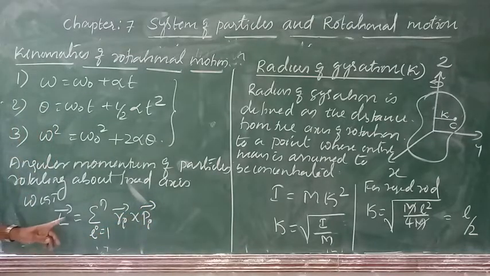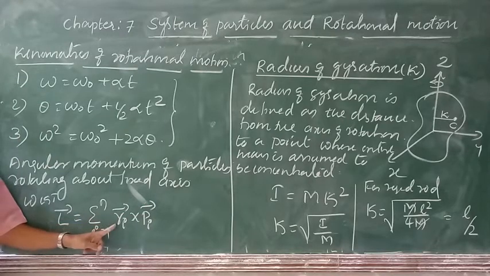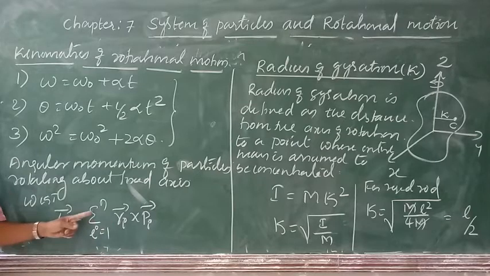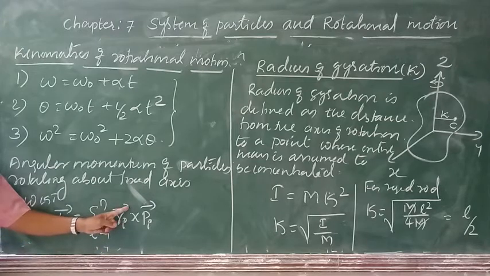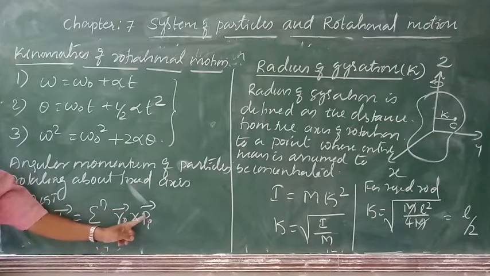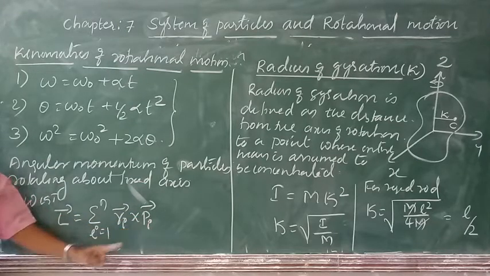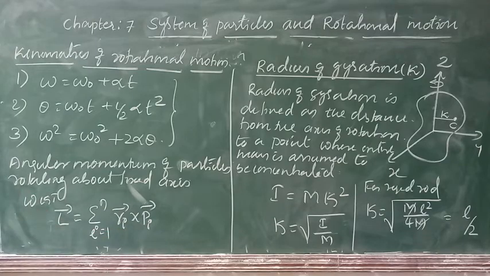This is the expression for the angular momentum of a system of particles, where Ri is the position vector of the ith particle and Pi is the linear momentum of the ith particle.